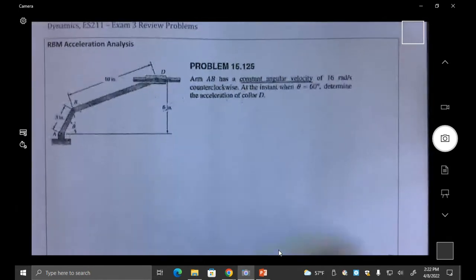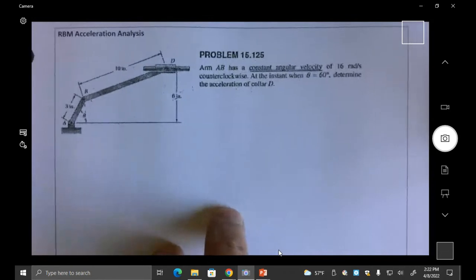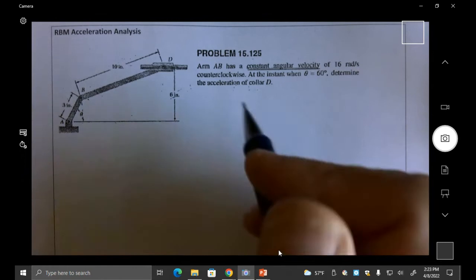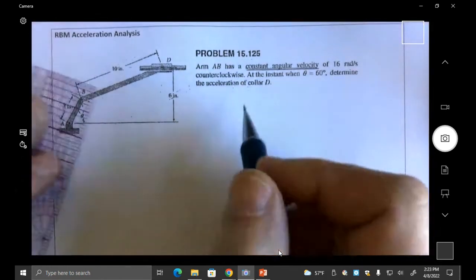Sean's a good guy. All right, so arm AB has a constant angular velocity of 16 radians per second counterclockwise. At the instant when theta is equal to 60 degrees, determine the acceleration of collar D. So it's constant. That's good.